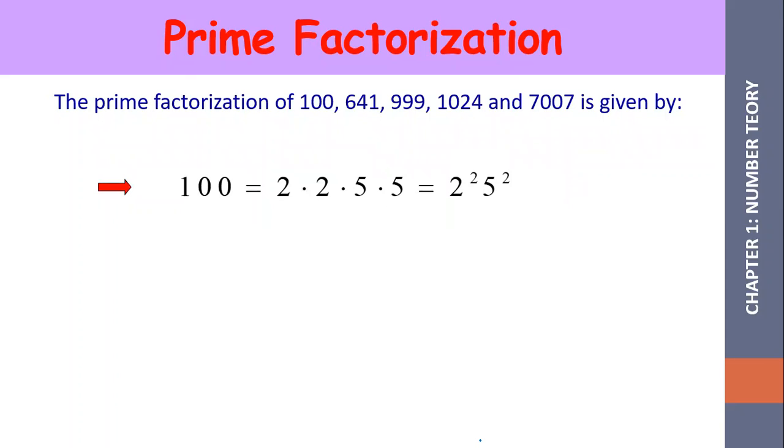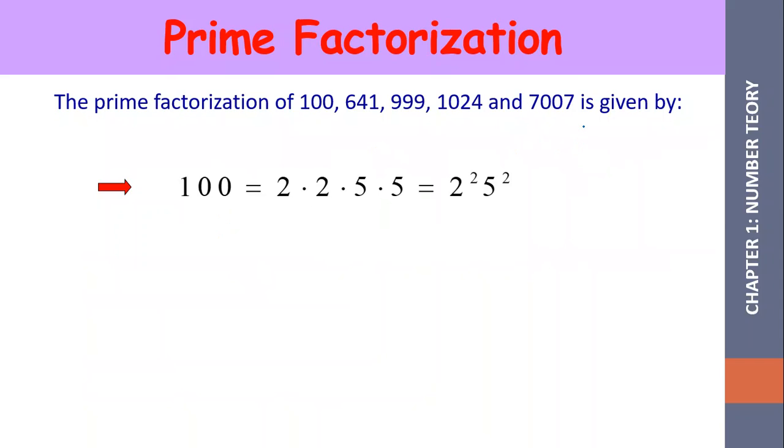So let's see examples of prime factorization. The prime factorization of 100 is 2 times 2 times 5 times 5, which is 2 squared times 5 squared. So how do we find the prime factorization?